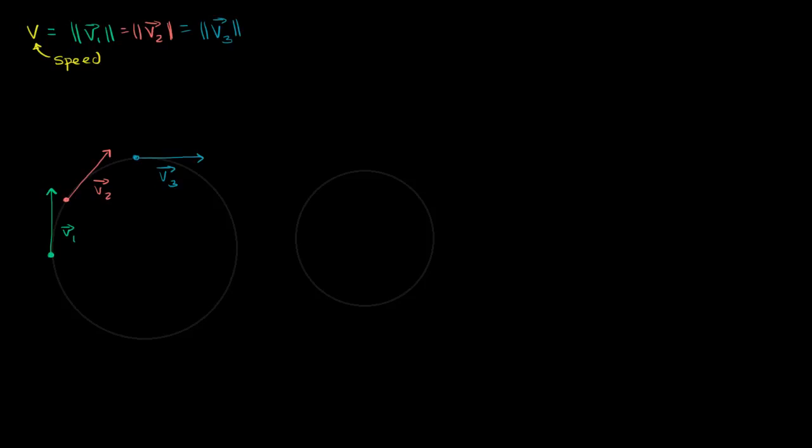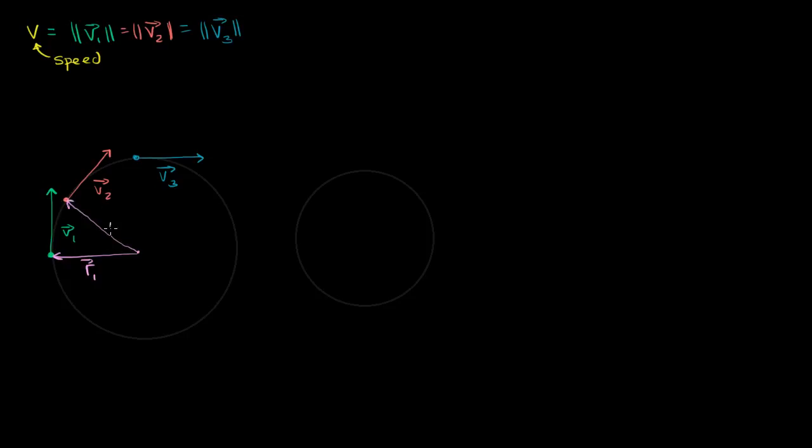And we're going to assume that it's traveling in a path in a circle with radius r. What I'm going to do is draw a position vector at each point. So let's call r1, actually I'll just do it in pink. Let's call r1 that right over there. That's position vector 1, r1. That is position vector r2. So the position is clearly changing.